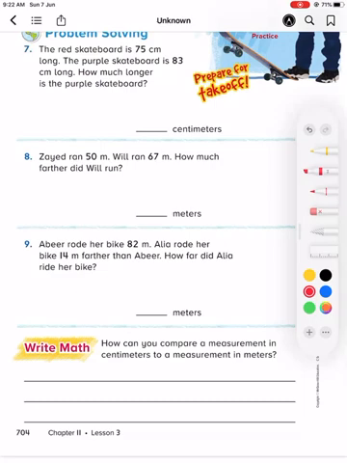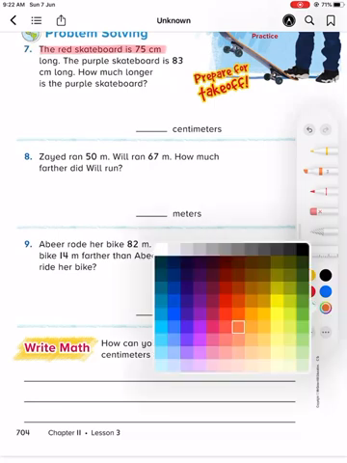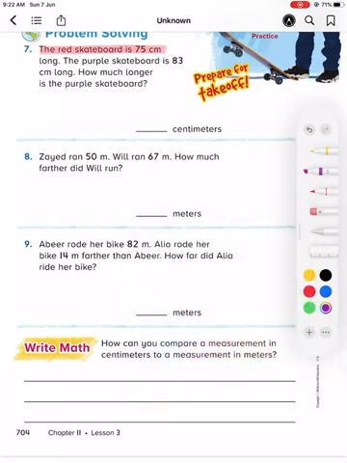Okay. The red skateboard is 75 centimeters long. The purple skateboard is 83 centimeters long. How much longer is the purple skateboard? First thing we should do, we will compare between these two numbers.